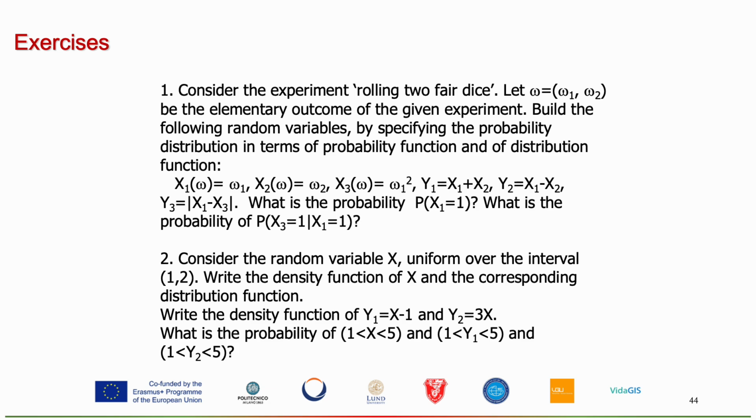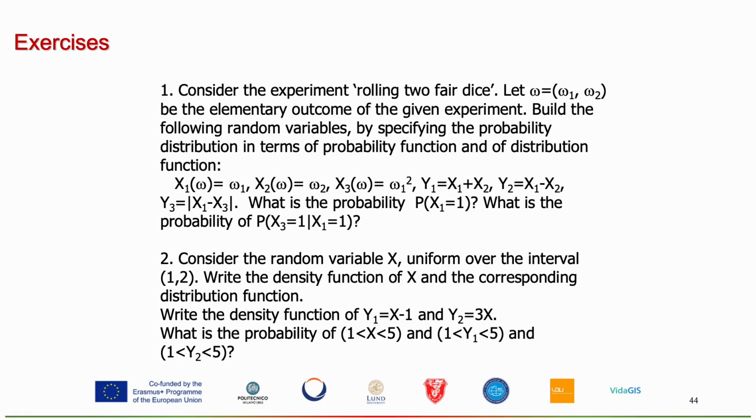Build the following variables by specifying the probability distribution in terms of probability function and density function. x1(omega) = omega1, x2(omega) = omega2, x3(omega) = omega1 squared, y1 = x1 + x2, and y2 = x1 - x2. Finally, y3 = x1 - x3.